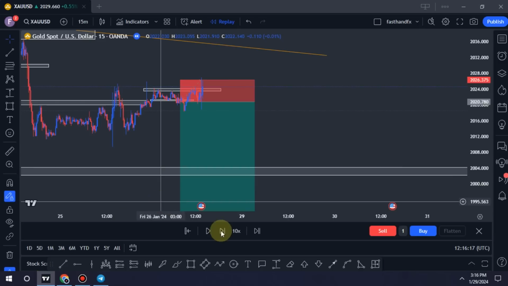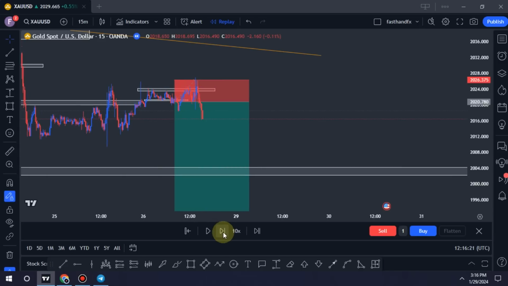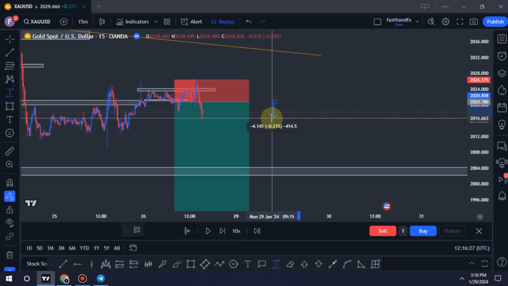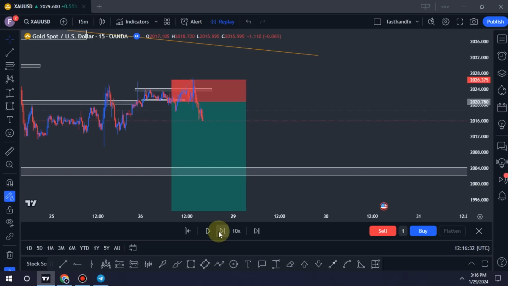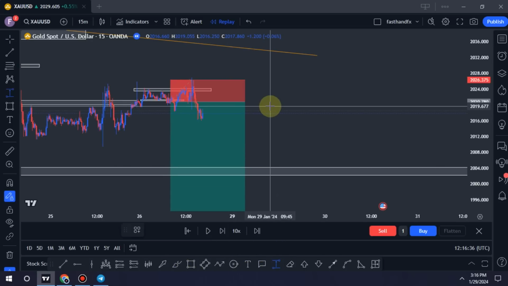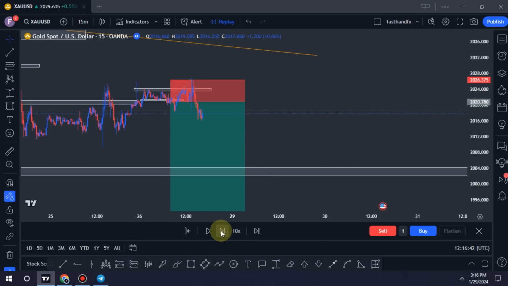So let's see. Price did this thing. Then I was like, what the hell? Basically, it was on Friday. Then the market had to close. So that is like 40 pips after taking us out. Price went in my direction, almost 50 pips after taking me out.